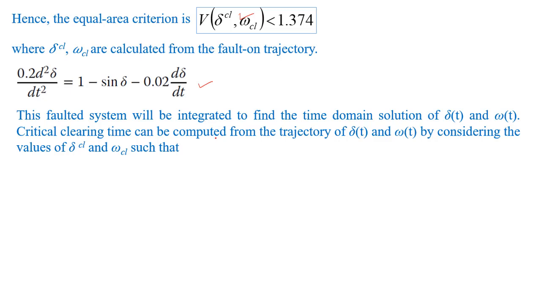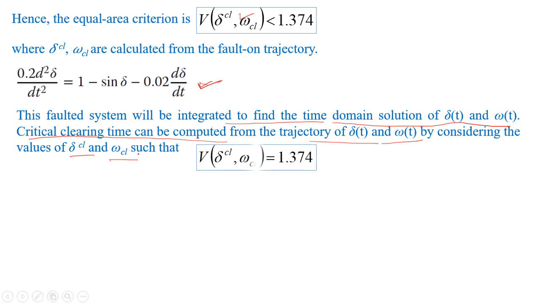Now this faulted system will be integrated to find the time domain solution of δ(t) and ω(t). So the critical clearing time can be computed from the trajectory of δ(t) and ω(t) by considering the values of δcl and ωcl such that V(δcl, ωcl) should be equal to 1.374.